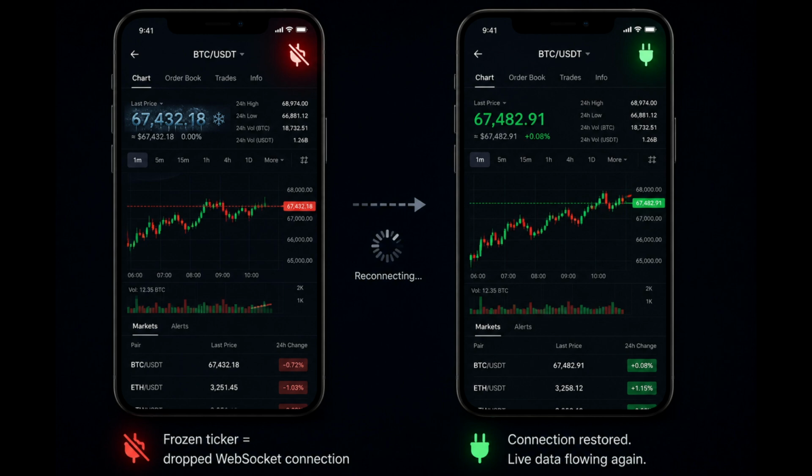This is a known, solved engineering problem. Good platforms handle reconnection gracefully and automatically, usually within a second or two without you ever noticing. But when you do notice a frozen ticker that snaps back to life the moment you refresh, that's almost certainly what happened, not a bug in the price data, a dropped WebSocket connection that wasn't handled cleanly.